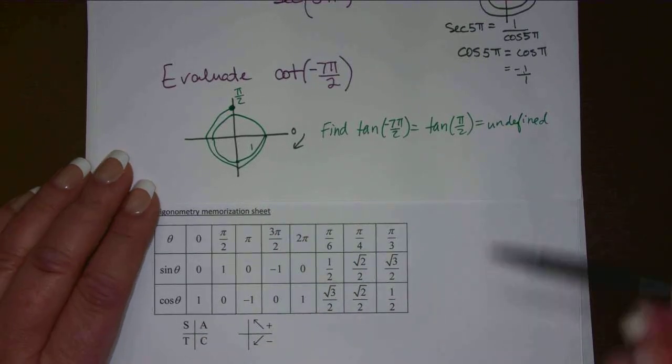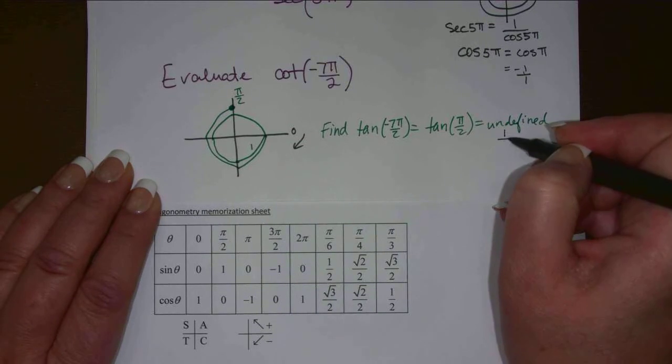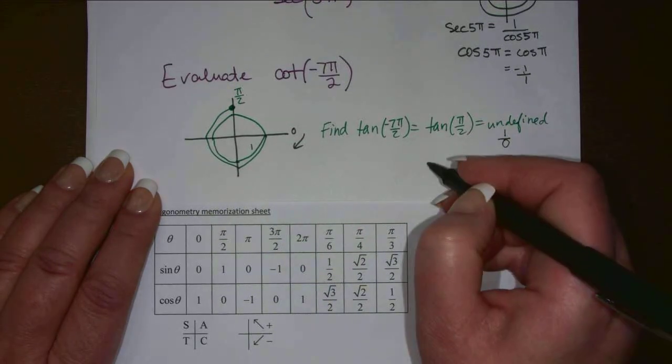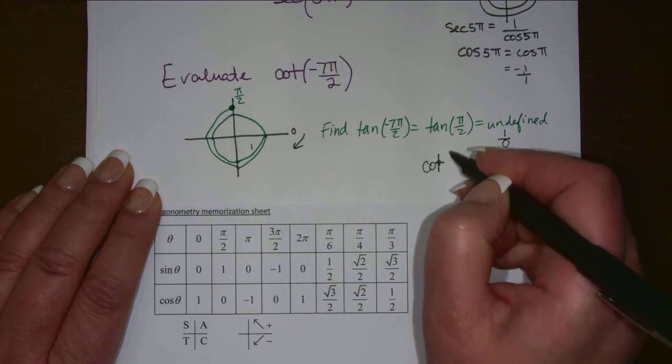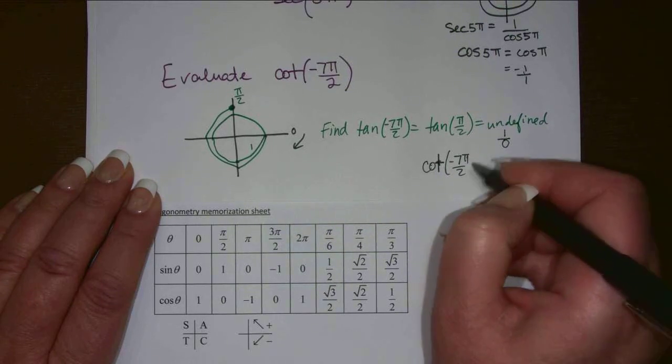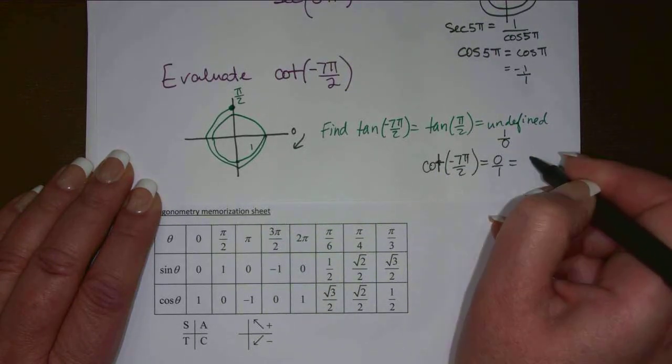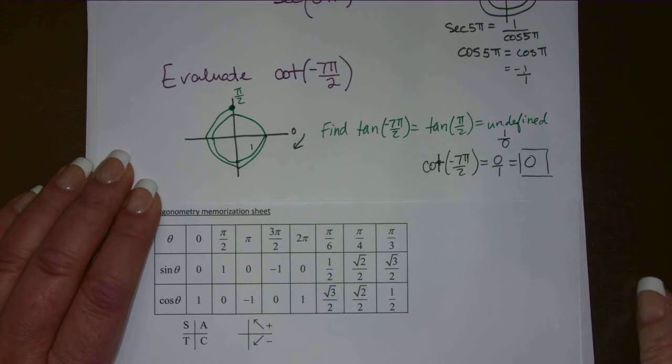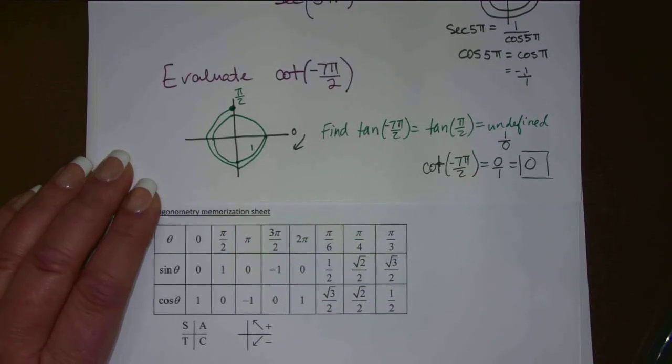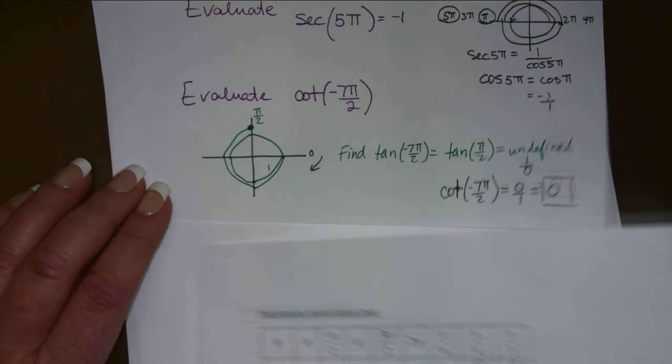So undefined was like we did 1 divided by 0. If we do the reciprocal of that to get cotan, that's 0 over 1, which is 0. So the tan of negative 7 pi over 2 is undefined, but the cotan is 0. So if you ever get an answer that's undefined and you're doing the reciprocal, then it's 0. So let's do another one similar to that, but a bit different.